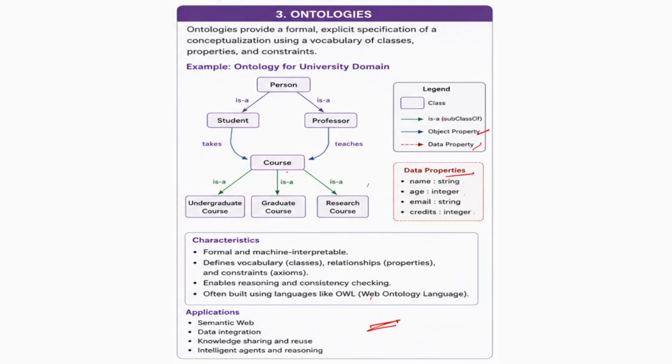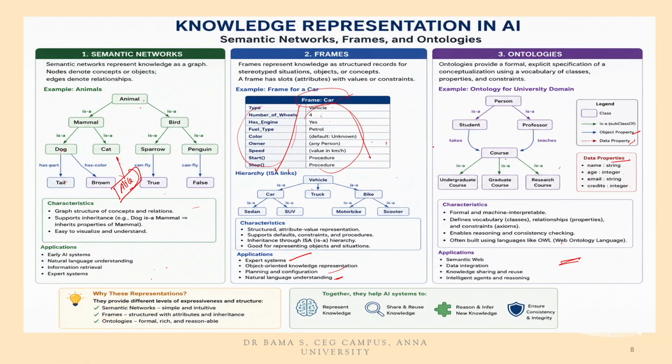In frames we cannot mention all that, but in ontology we can have several types included, and this is much richer than frames or semantic networks.